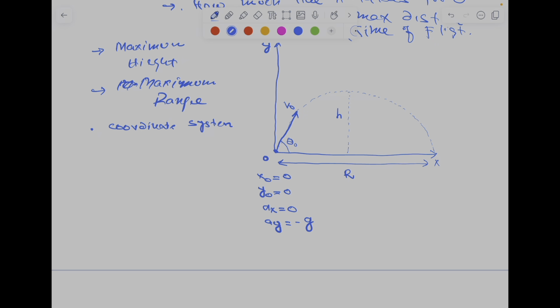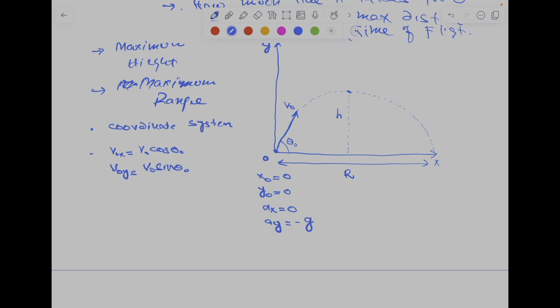Now the velocity resolves into x and y components: v0x is v0 cos theta naught, and v0y is v0 sin theta naught.